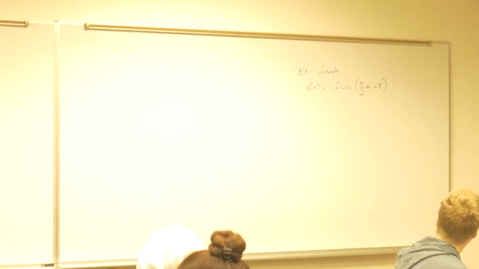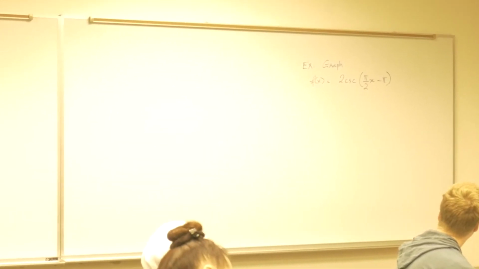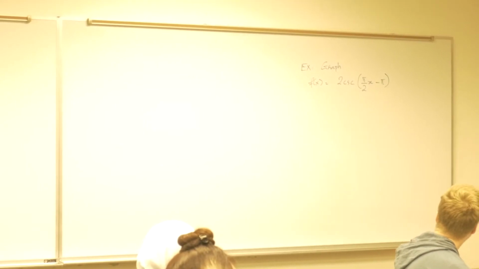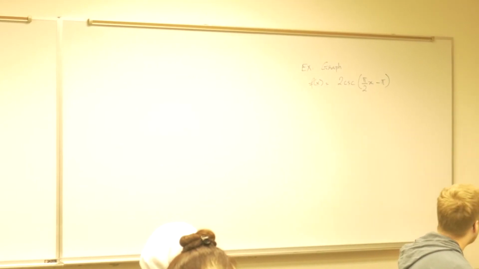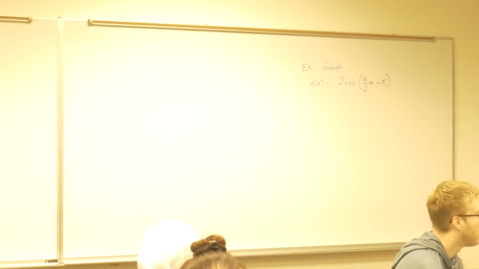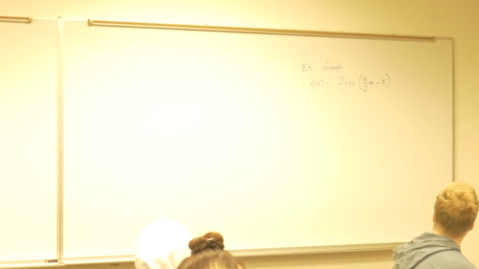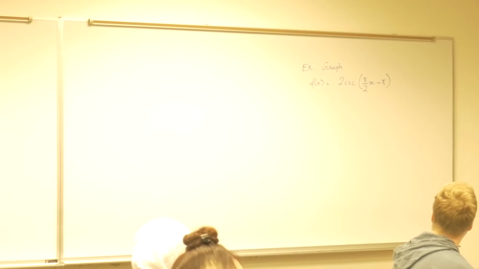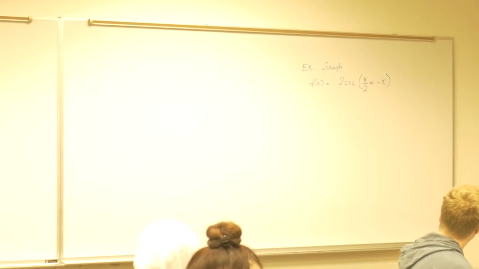Okay, so how are we going to graph this? Of course, this looks like the general form, where the amplitude is 2. The b is not 1 anymore, the b is pi over 2, and the c is negative pi. So what we have to do is graph the sine of that.